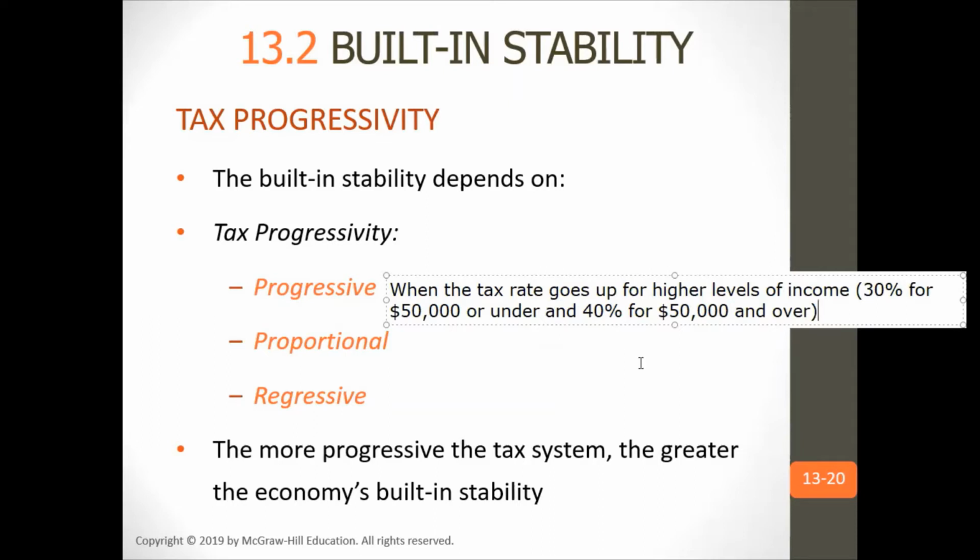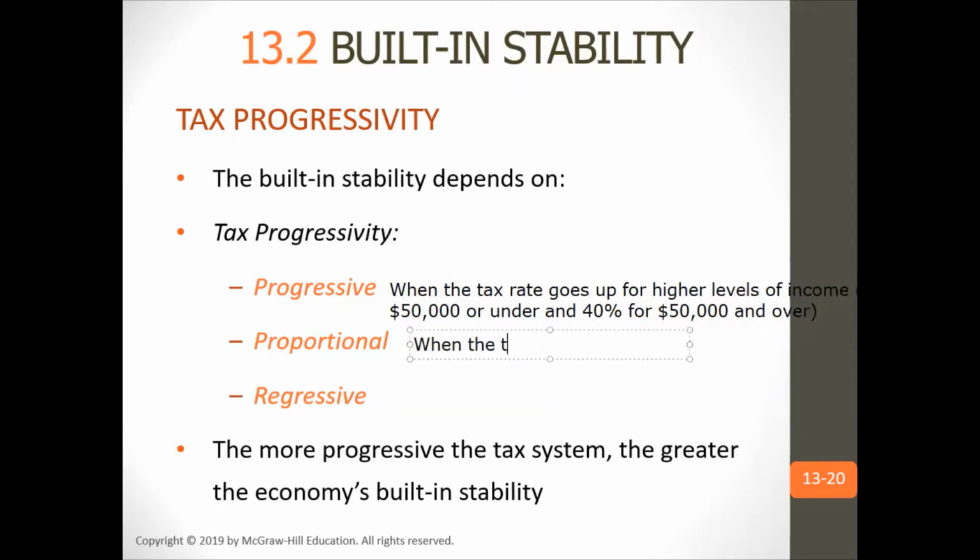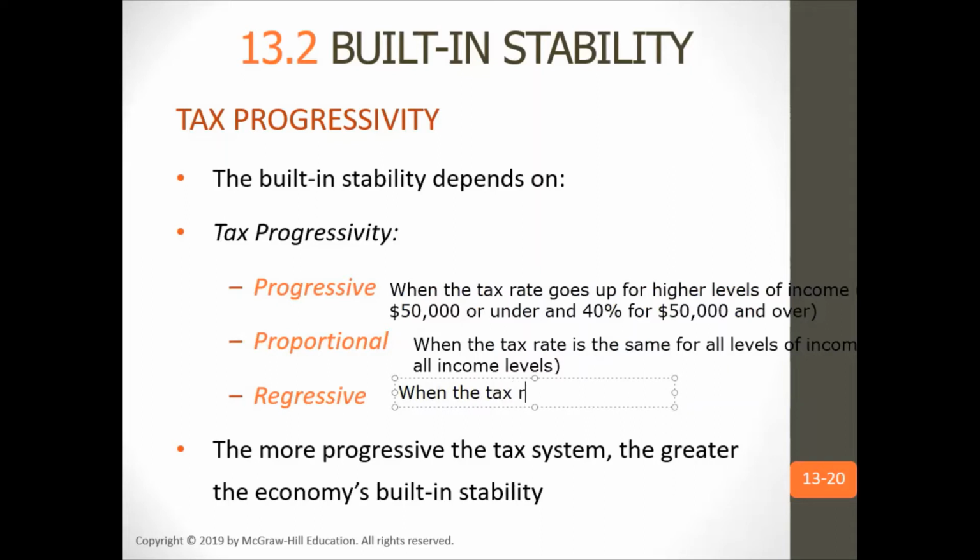And then proportional is when the tax rate is the same for all levels of income. So that would be proportional. And then regressive is when the tax rate goes down for people with higher incomes.